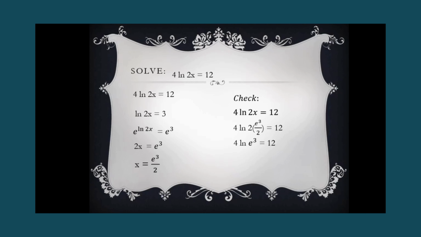So all that's left is 4 ln e cubed is equal to 12. Cancellation on ln and e, and all that's left is 4 times 3 is equal to 12. Since the final answer is equal, this is correct.